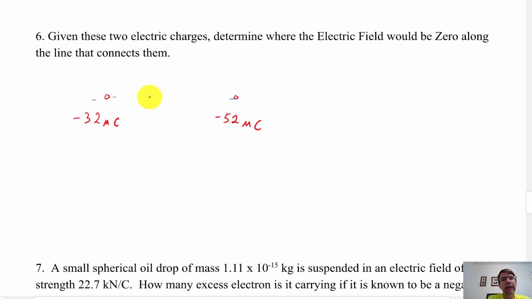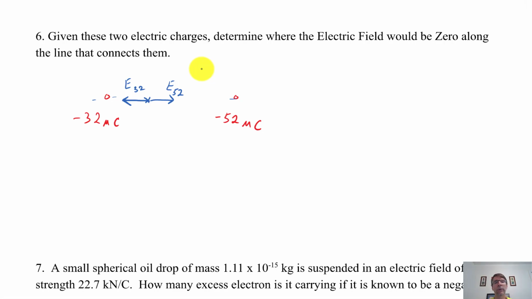But if I go a little bit left of center, if there's a location right there, because this is going to be the rough location, because the negative 32 microcoulomb is going to have an E field this way. I'm going to call that E32. And then the E52 is this way for the electric field due to the negative 52 unit charge.